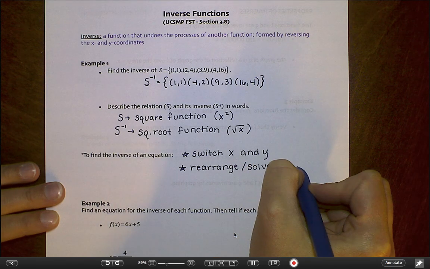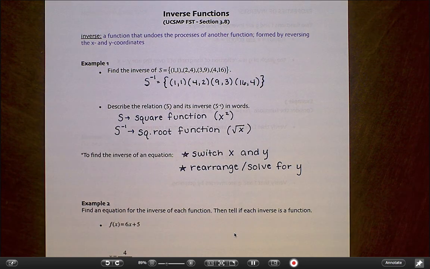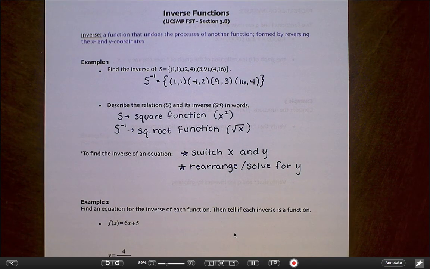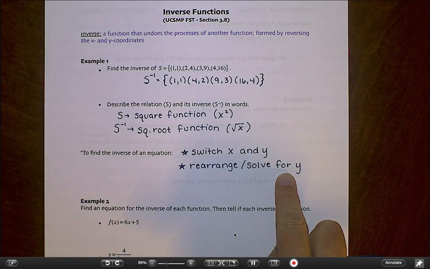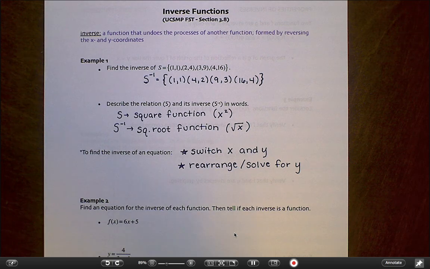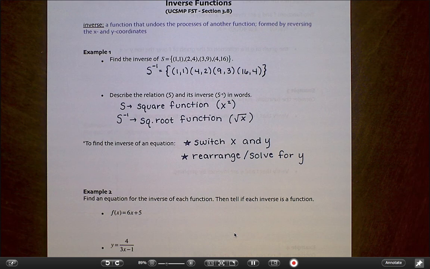Now, there are going to be some situations where getting y back by itself is really tricky, kind of difficult. Typically, that occurs when the inverse itself is not a function, and we'll talk about that in just a few minutes. So just know there are going to be some times I'm going to let you slide on this, but if you can solve for y, you should solve for y. Okay? Switch x and y, rearrange, get y back by itself.